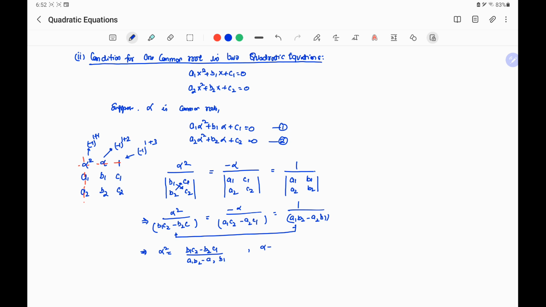Similarly, alpha will be equal to, using the second and third term, minus of a1 c2 minus a2 c1 divided by a1 b2 minus a2 b1. Or further we can write it as a2 c1 minus a1 c2 divided by a1 b2 minus a2 b1.